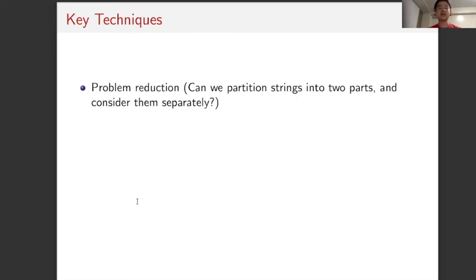So what are the key techniques that I'm going to talk about today? These are basically the way that I solve the problem. First of all, it's called problem reduction, because you have a left part and a right part, and every time you do this, if you do this enough times, you probably notice that the left and the right part are not the same each time, because it really depends on what your last digit is.